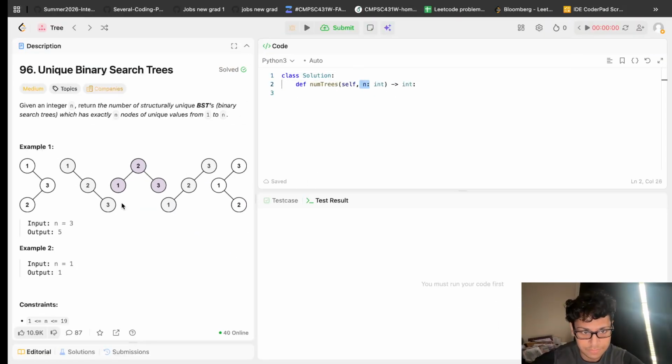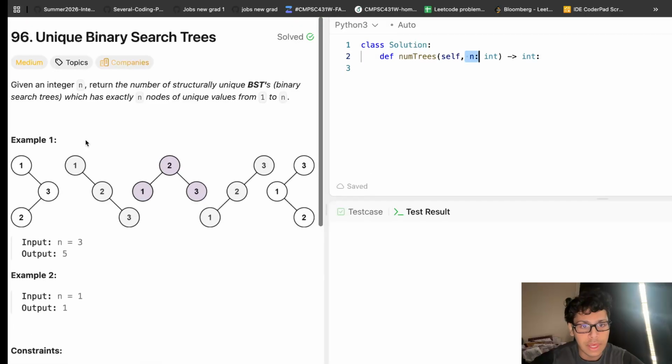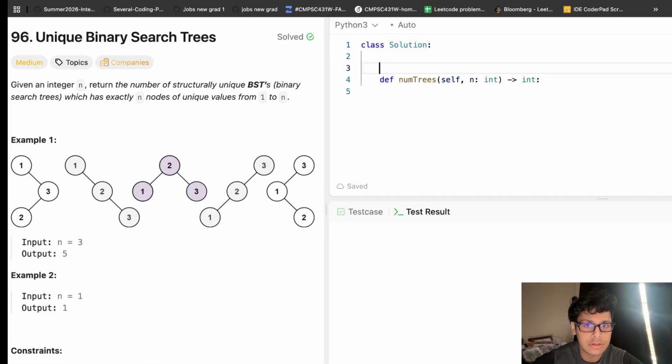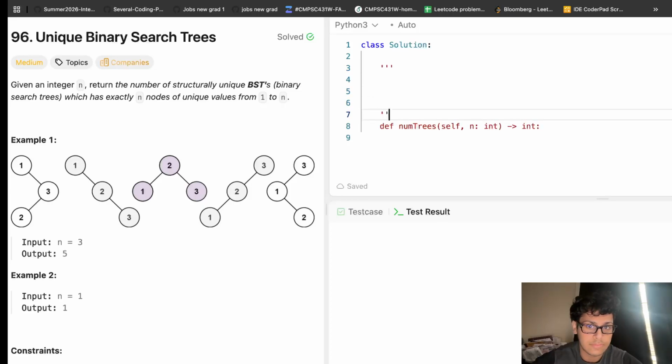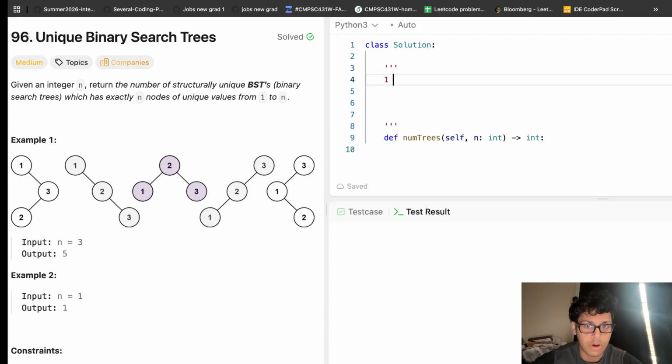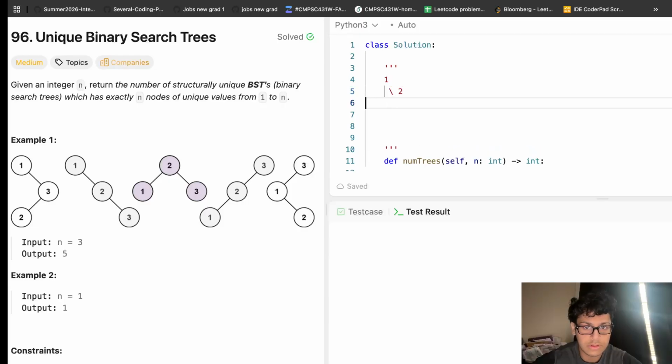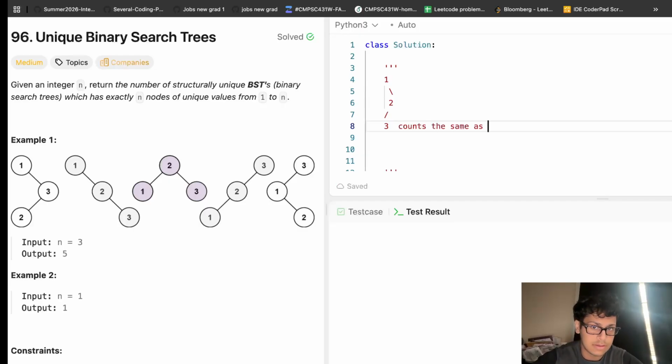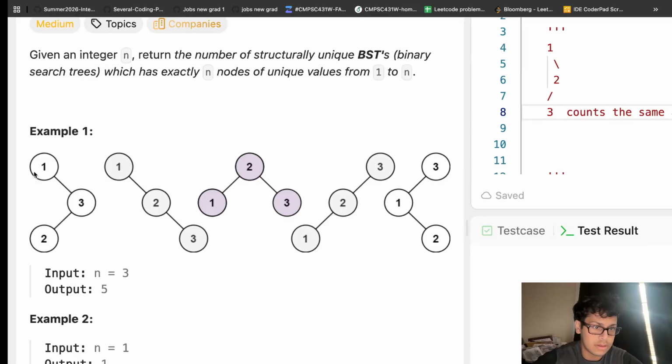So we're given n, and basically if we had n equals 3, for example, we know by the term structurally unique means that 1, 2, 3 counts the same as example 1.